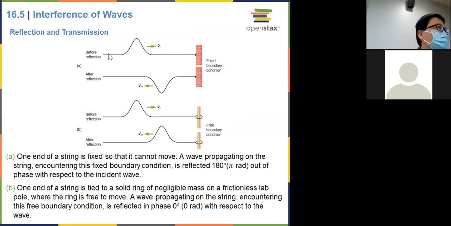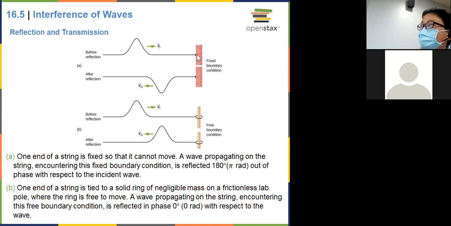For example, if you have a string with one end attached to the wall, and you shake the string up and down, it generates a wave, which propagates through and hits the wall. When it comes back, the wave peak will reverse and go backward. This is what happens when one end of the string is fixed.